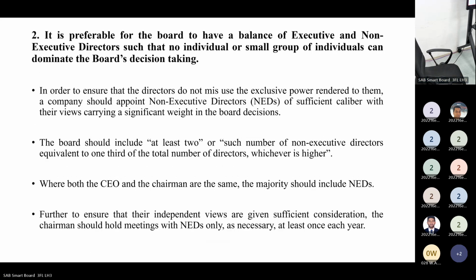Where both CEO and the chairman are the same person, the majority should include NEDs. Chairman is CEO, board again majority only non-executive directors. Then to ensure independent views and sufficient consideration, the chairman should hold meetings with NEDs only, at least once a year. We have done those things.